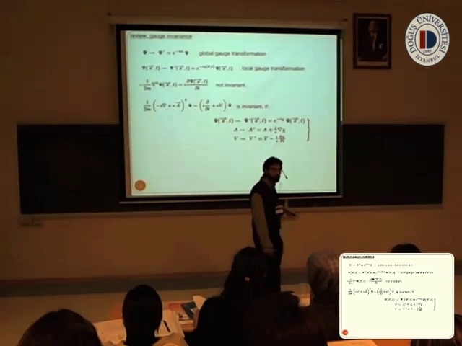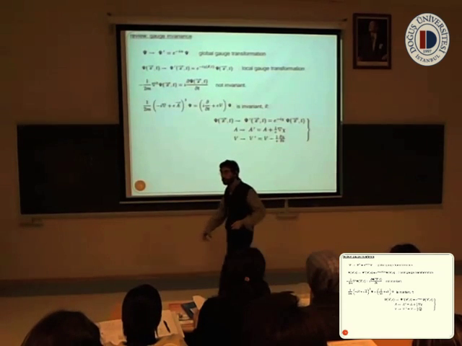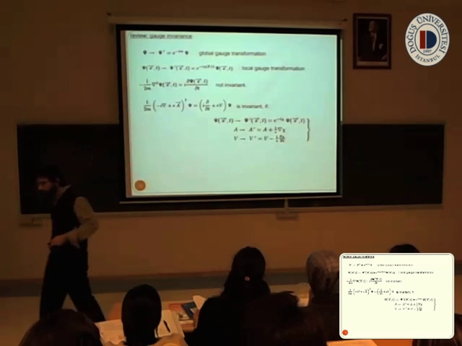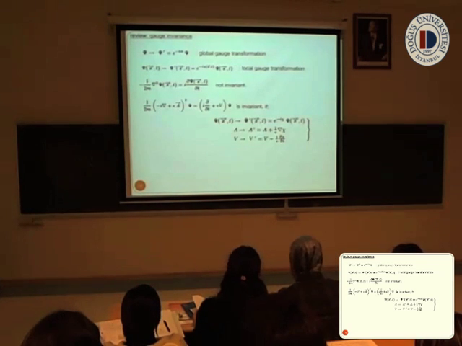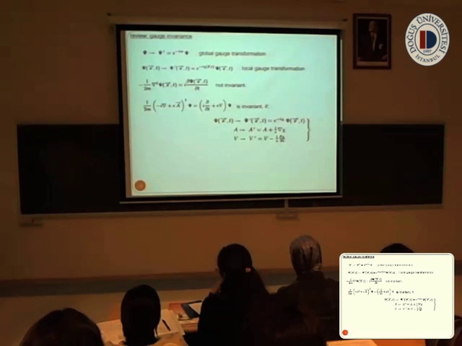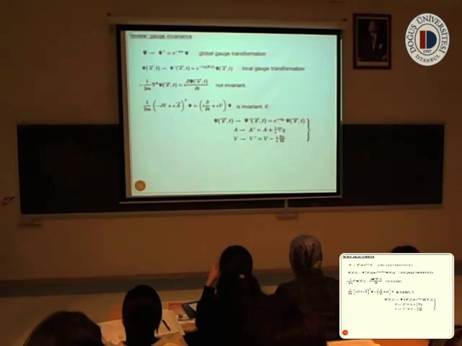So what you do to make the theory invariant under this gauge transformation is you add a field. Well, here I'm not really talking about field theory, but you add these potentials. These are just the potentials you know from electromagnetism, right?